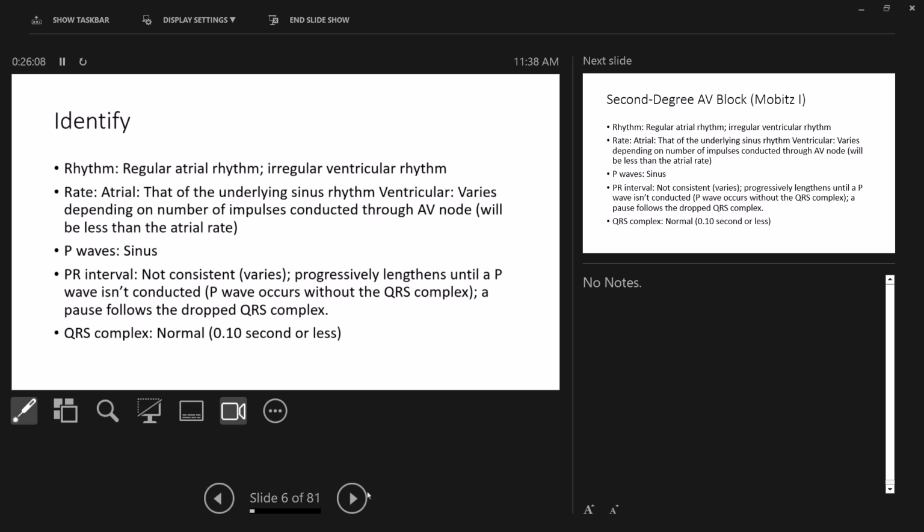The PR interval is not consistent. It varies. It'll progressively lengthen until a P wave isn't conducted, which basically means that the P wave happens, but there's no QRS afterwards. And then we have this pause after the dropped QRS. When you do see a QRS, its width is normal. What is that rhythm?